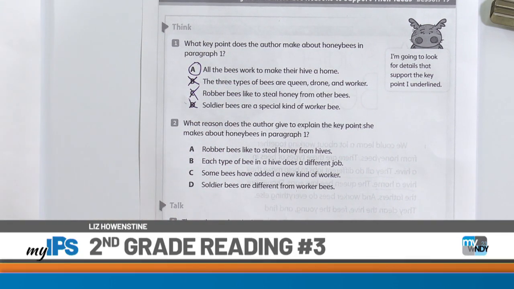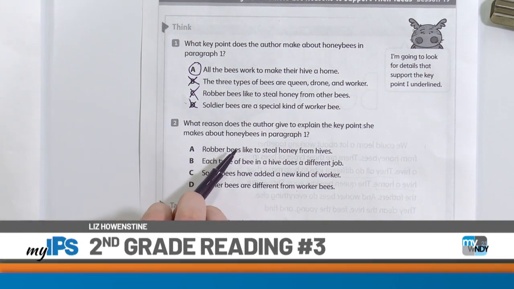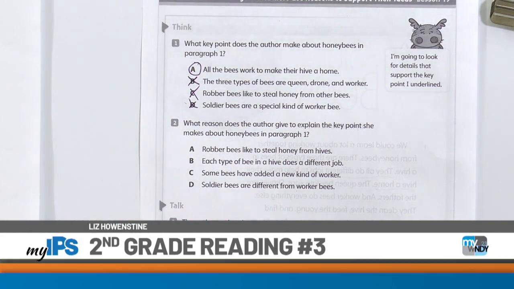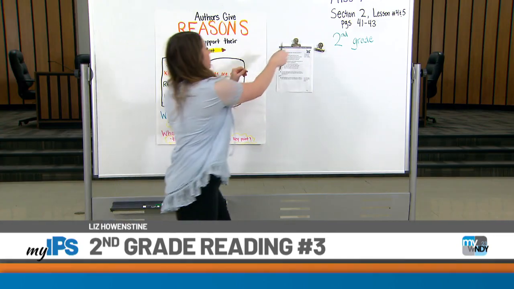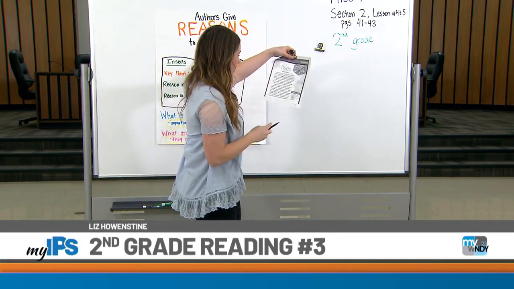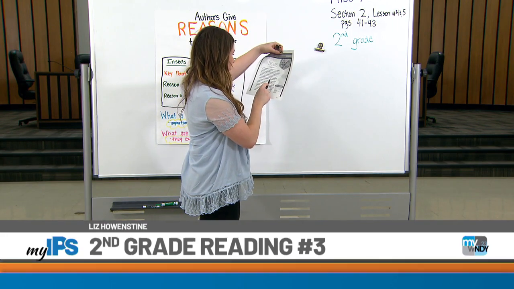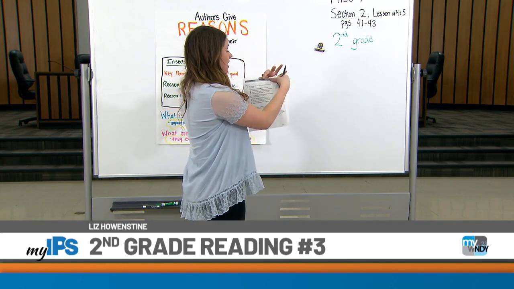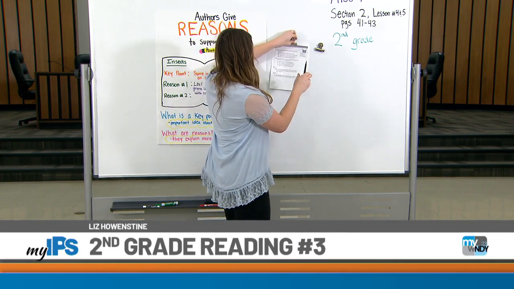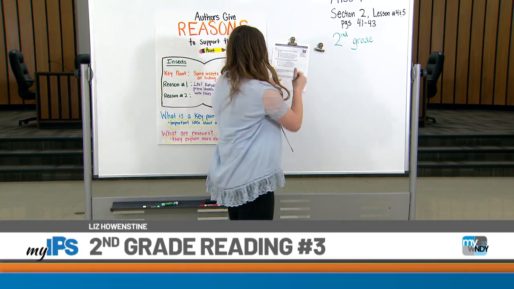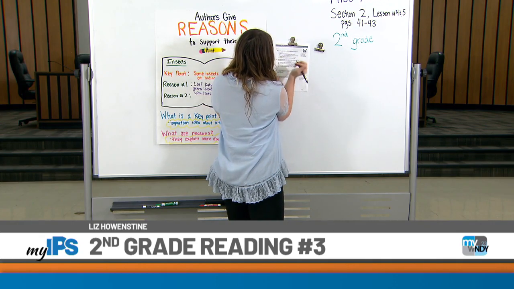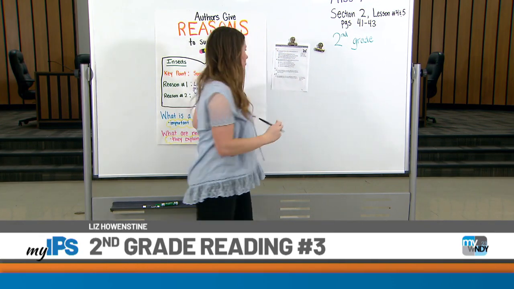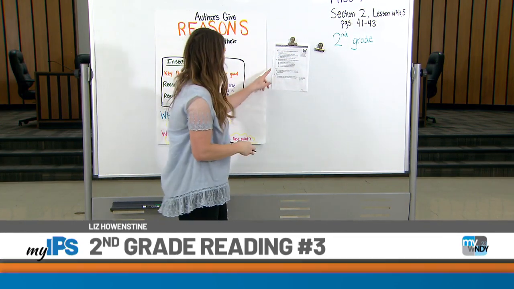So which one should we look for? Robber bees like to steal honey from hives. Did we talk about robber bees in paragraph 1? I'm looking. I see robber bees down here in paragraph 2. Well, we're only talking about paragraph 1, so we can cross that out. We can eliminate it. Use what you know to get rid of answers that don't make sense.